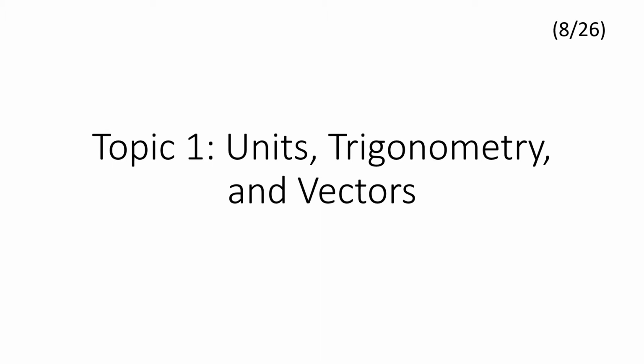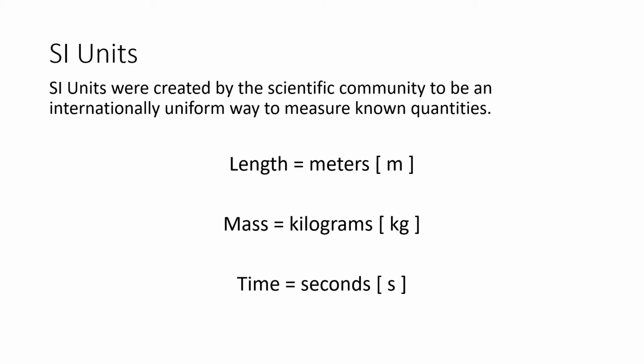So let's start with some units. SI units. You may have heard this around before if you've taken a chemistry class or a biology class, any sort of general science class, maybe in high school. These are sort of the main units we'll be using.